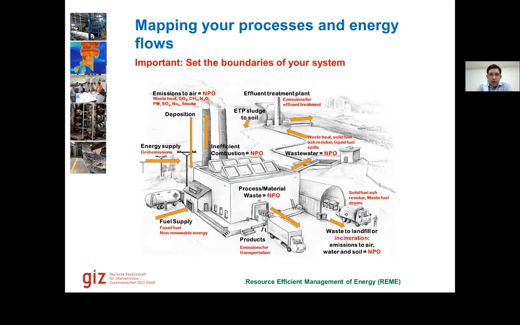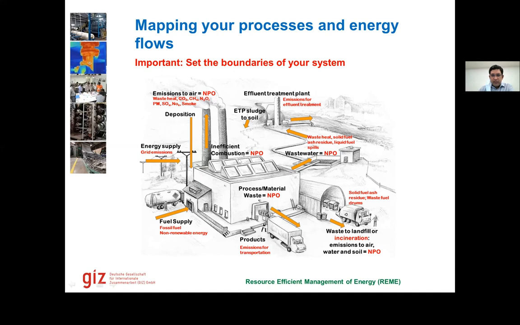First of all, we need to map the process and energy flows. As you can see, there's a factory where we have grid energy supply, so we might have emissions in the grid that we need to know. Then there's a fuel supply, which might be a fossil fuel and non-renewable energy, so we need to track this as well.